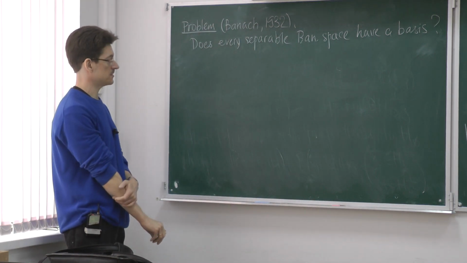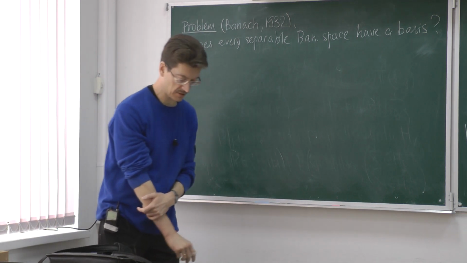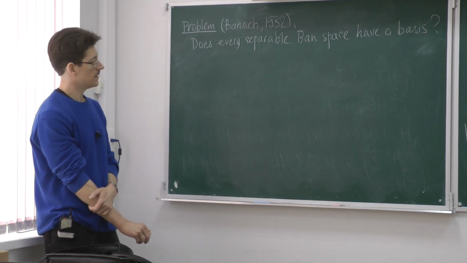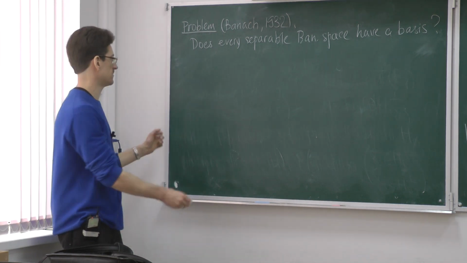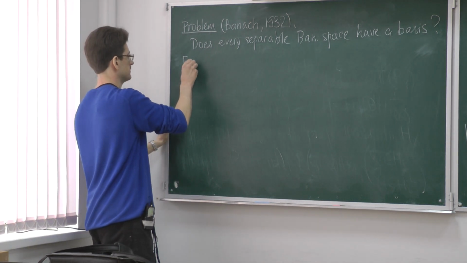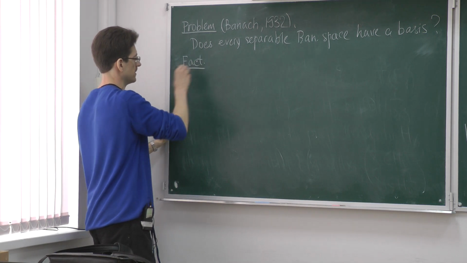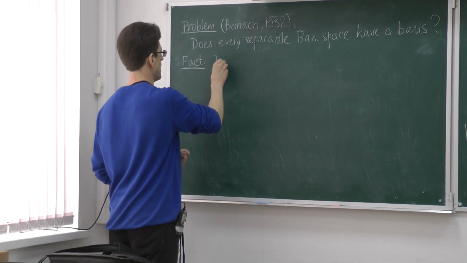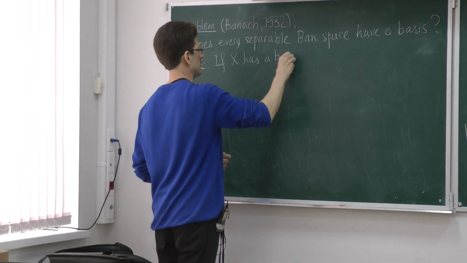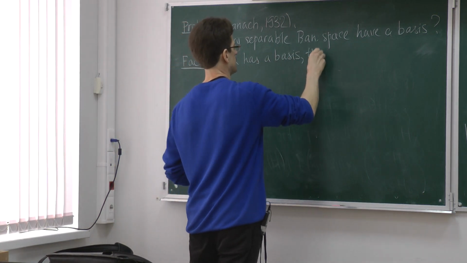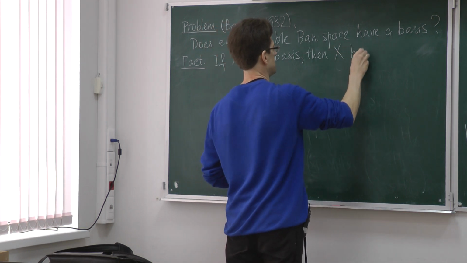This problem turned out to be very difficult, and it was closely related to the approximation problem because of the following fact, probably due to Grothendieck: if X has a basis, then X has the approximation property.